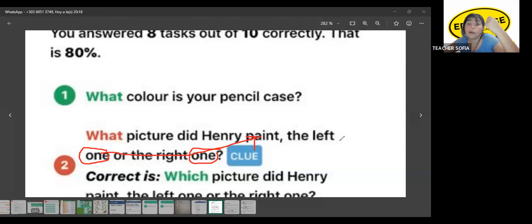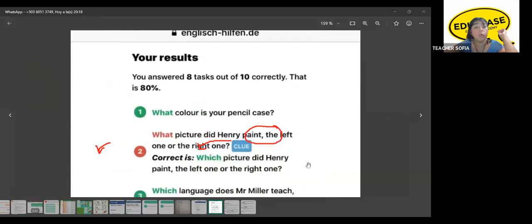The left paint, or the right paint. So to avoid repetition, we use one: the left one or the right one, instead of paint. So that's the idea with one.